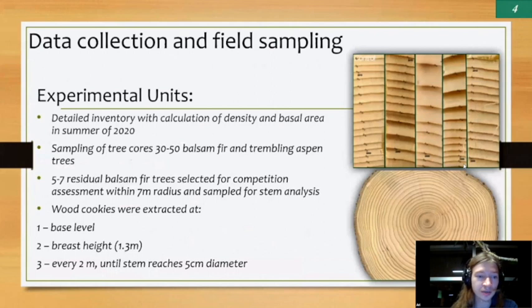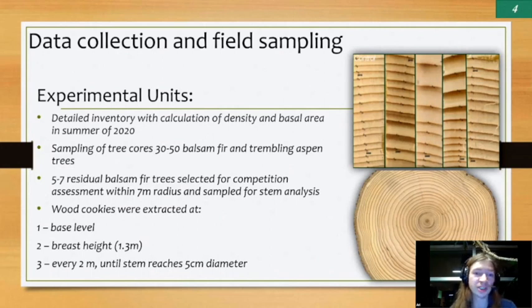The data collection has been performed in summer of 2020 within these experimental units. So experimental units are circular plots of 400 square meters area. I have conducted detailed inventories with calculation of density and basal area within these experimental units.